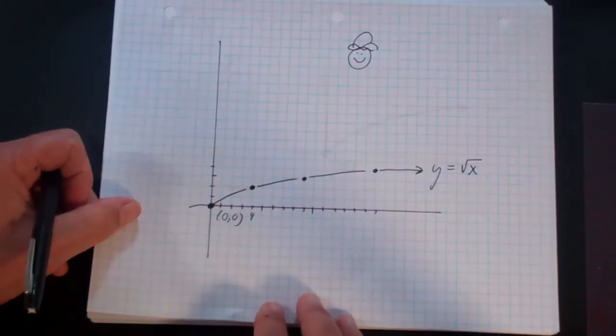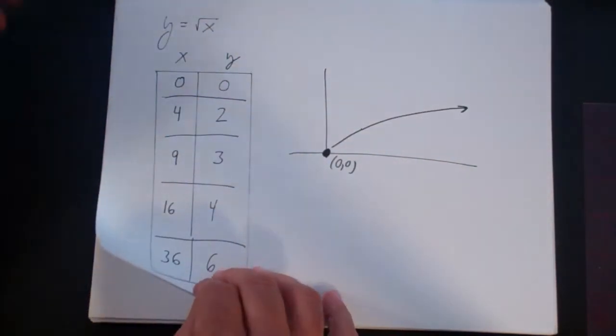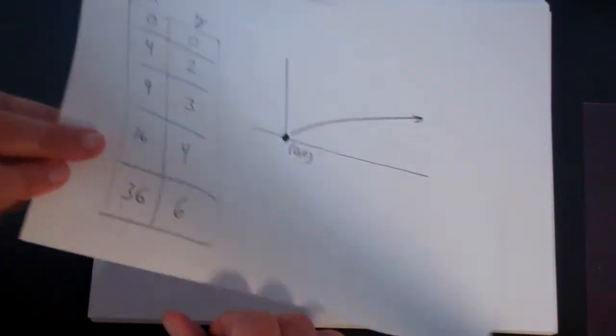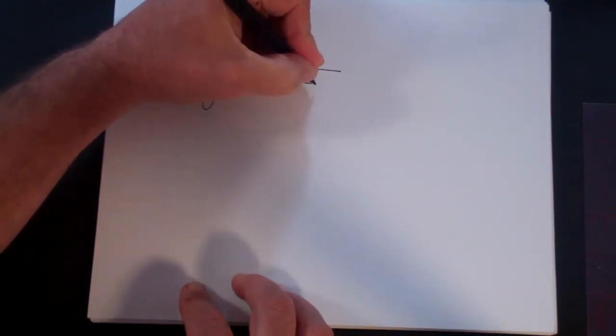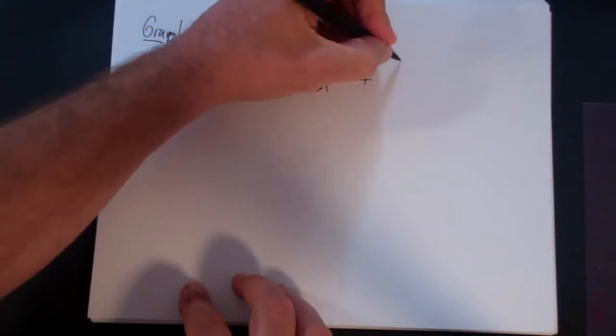So now let's talk about how we can graph a more generalized function. Let's graph y is equal to a square root of x minus h plus k.